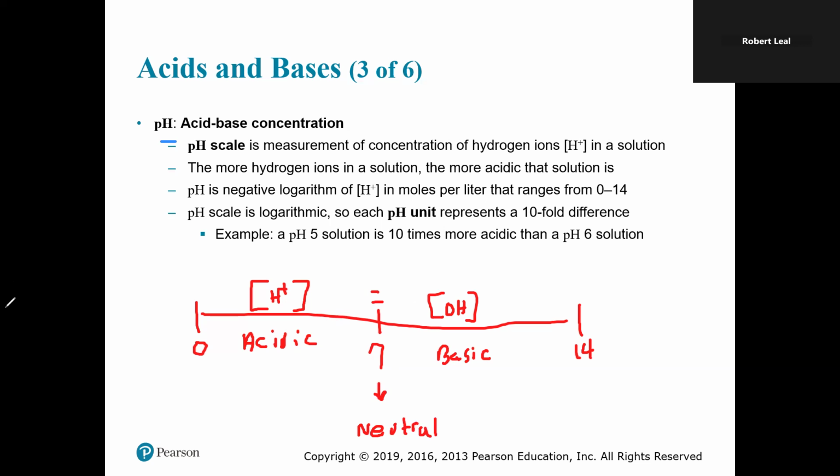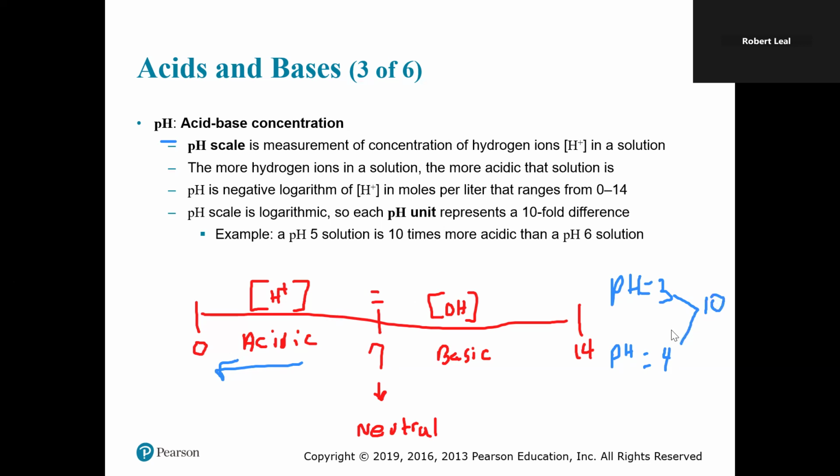All right, now let's say I have a pH of 3. That would be acidic, right? It's below 7. And let's say I have a pH of 4. Well, that one also is acidic. Now, the lower you go in the number, the amount of hydrogens would increase. So anytime you go between numbers, the lower number is going to have more hydrogens. And between each number, you have 10 times more or less hydrogen.